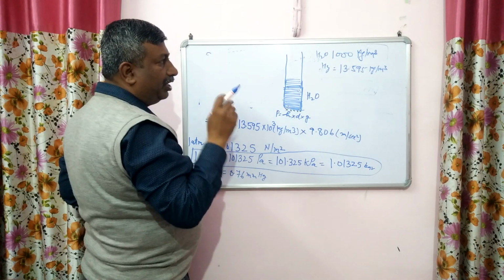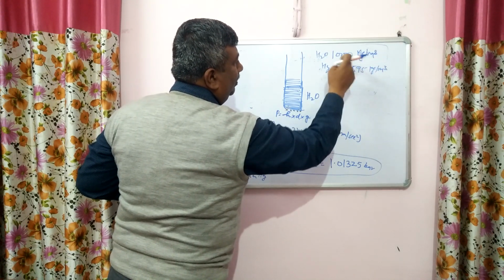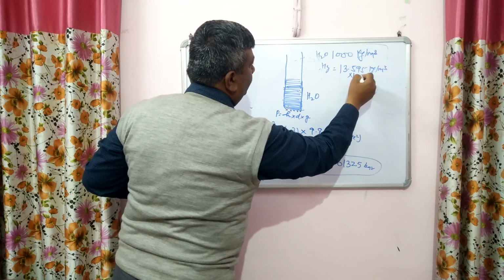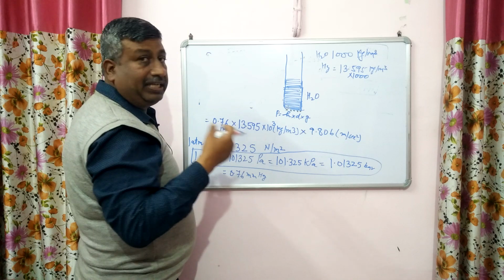Okay, so 1 cubic meter of mercury exerts this kilogram weight and 1 cubic meter of water 1000. So it means mercury is about 13.6 times denser.